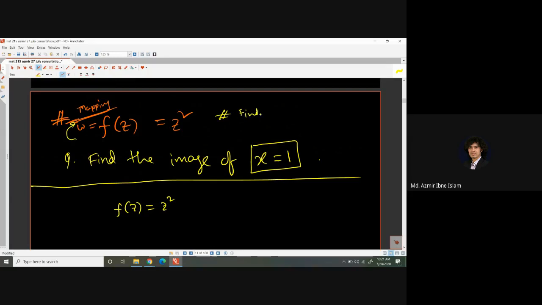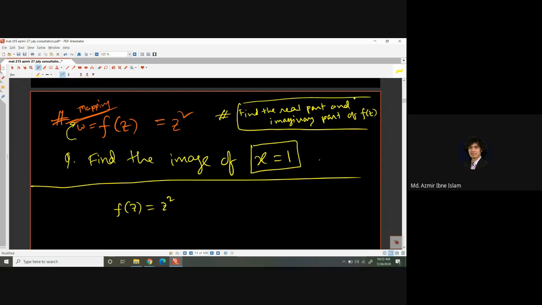Find the real part and imaginary part of f of z. This is another question. After figuring out the real part and imaginary part of f of z, we can then find the image of x equal to 1.